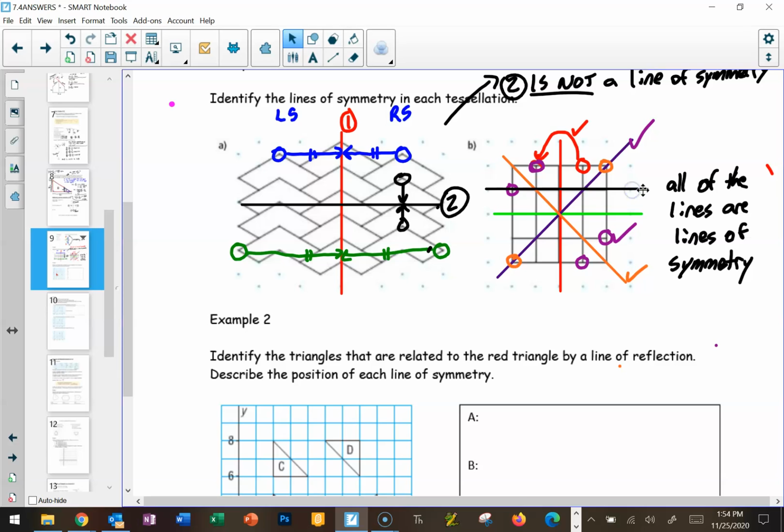So not every line for every object, even if there are lots of lines of symmetry in the object, like there is for this one, is going to be a line of symmetry. It just means that it's got more lines of symmetry than, say, an object like this.